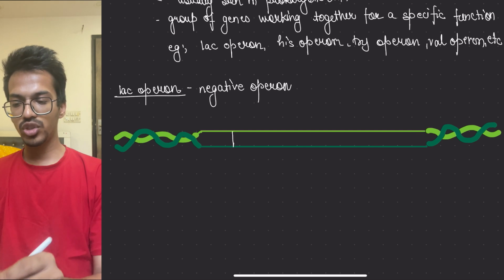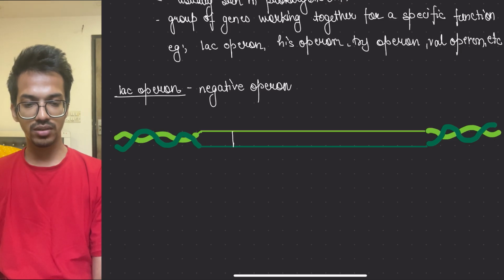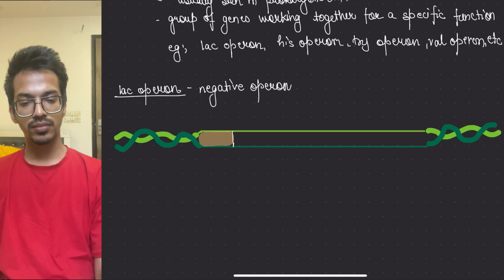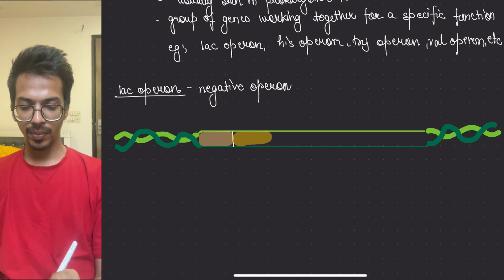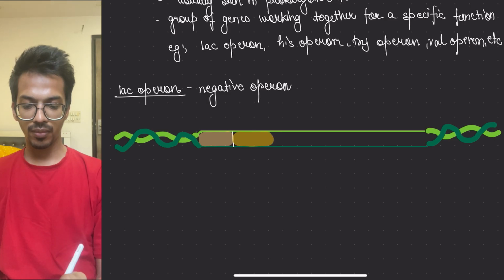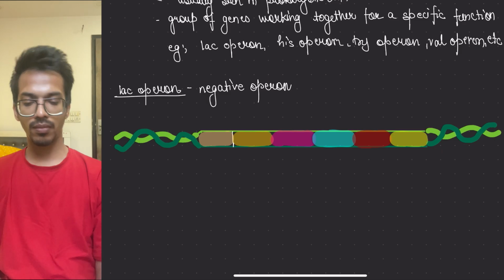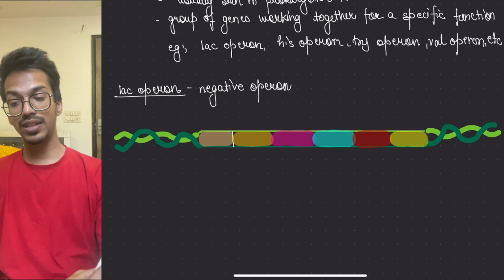Here, these are the different genes which I'm going to make now. Okay, so these are the different genes. Let's name them also.